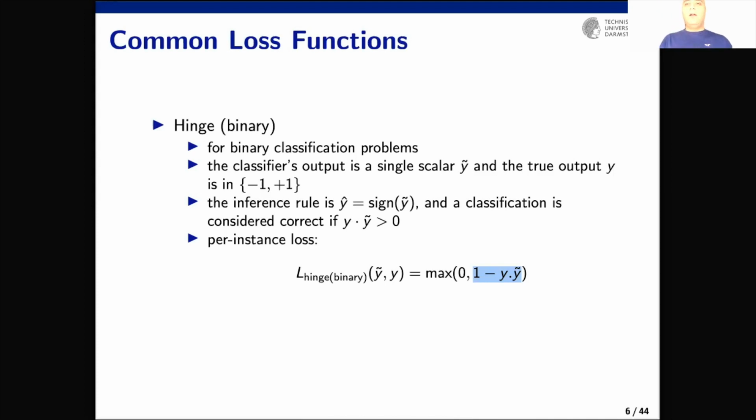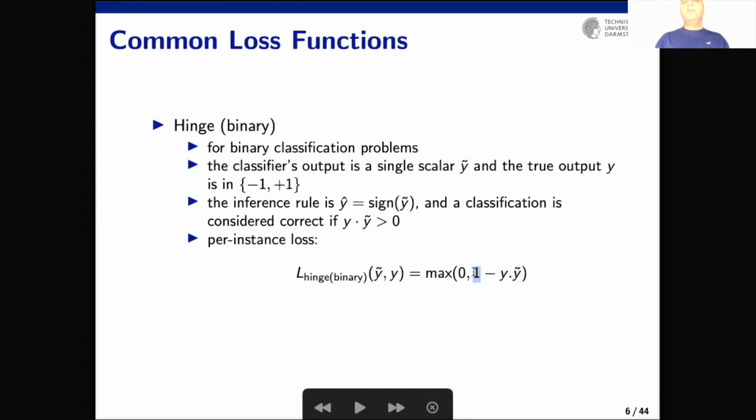But why did it happen? The prediction was correct. The score is a positive number, so the label is positive. But why do we still update, or why do we still define some loss? Because of the margin that we have.